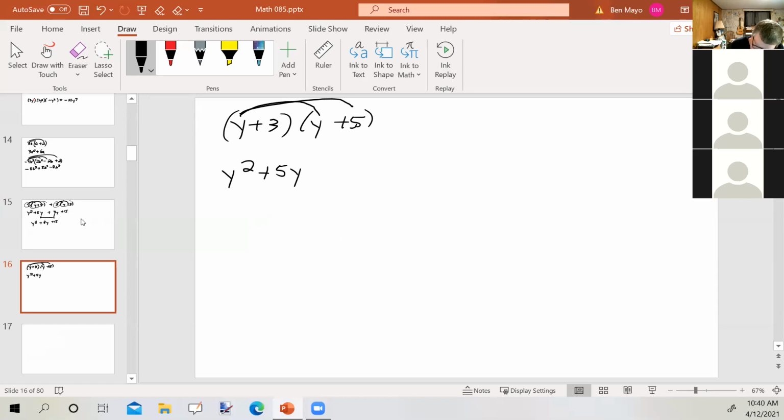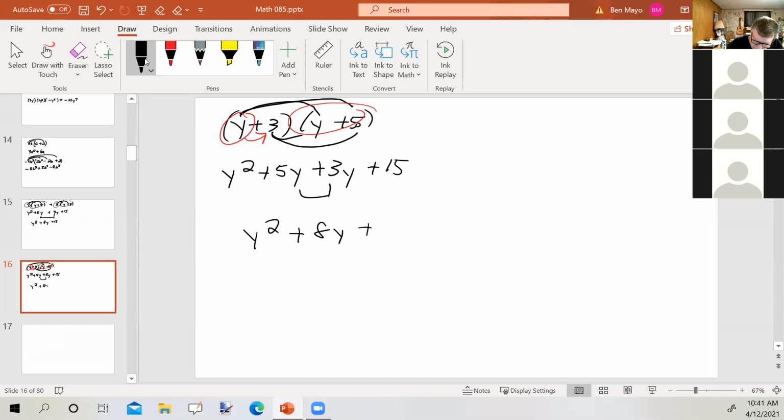And then now that I've multiplied this by everything over there, I'll move over to the next term. Y times 3, or 3 times y, is 3y, plus 3 times 5 is 15. Combining like terms, I get y squared plus 8y plus 15. So I multiplied two binomials together, and in this case, I got a resulting trinomial.